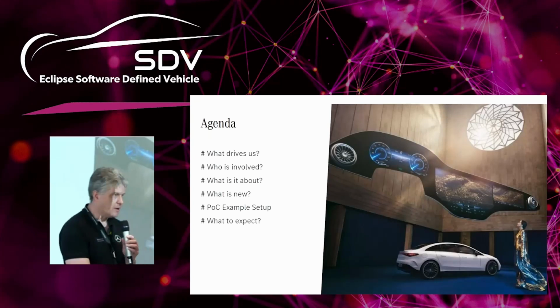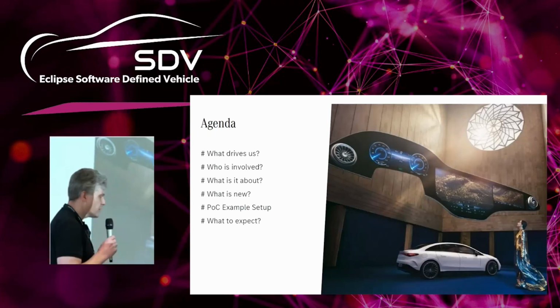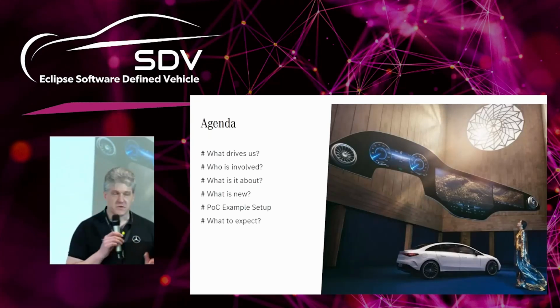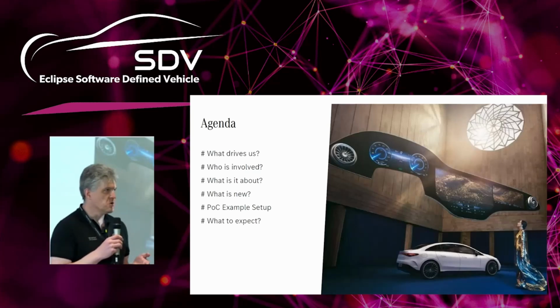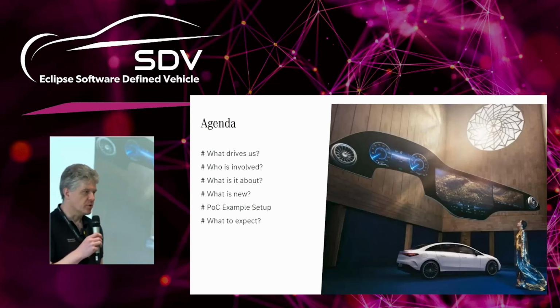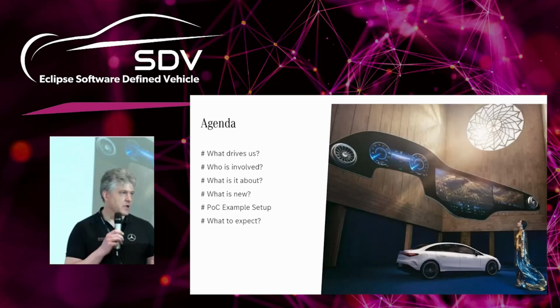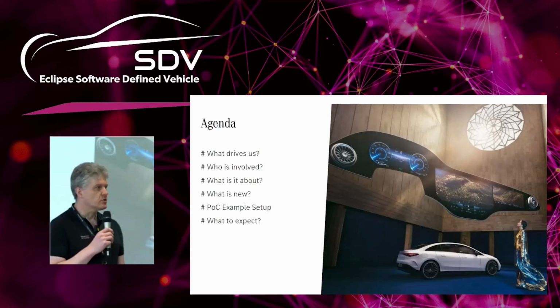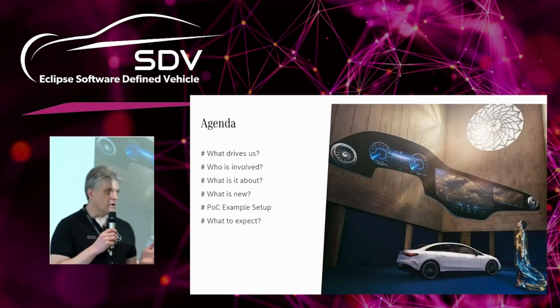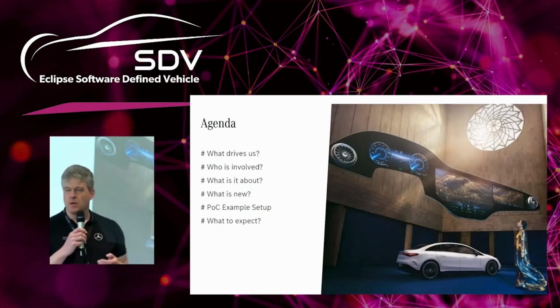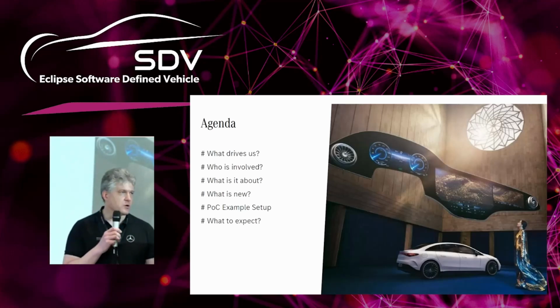What I'm going to tell you about today is the following topics. First, what drives us. I will tell you a bit more about what we are looking at when we are looking at the openDuT development, the openDuT project. Give you a brief overview who is involved in this project. We are not doing it all alone. We have some partners involved. And summarize what is openDuT all about and what is new about openDuT.